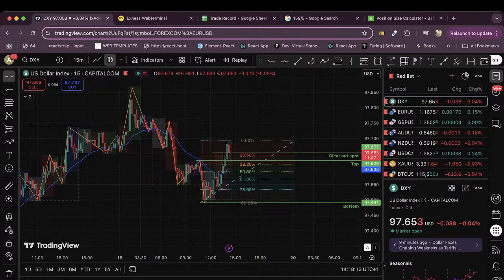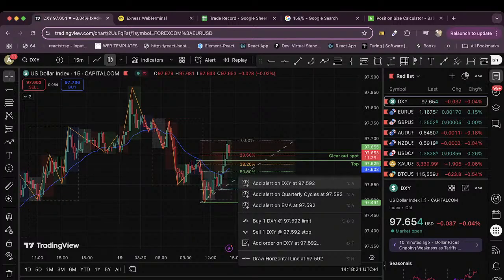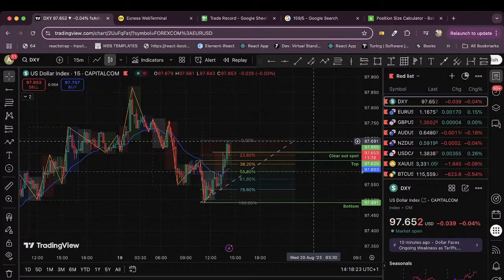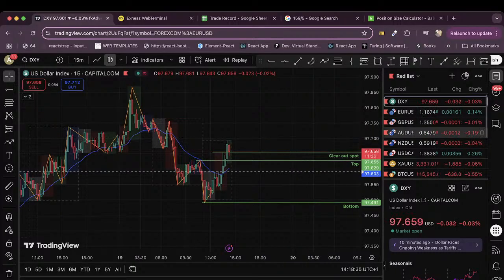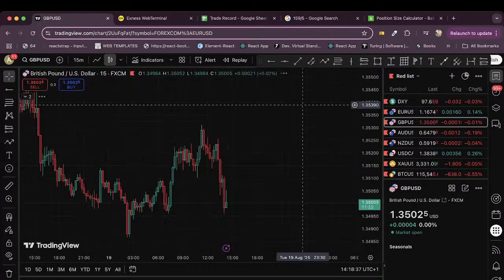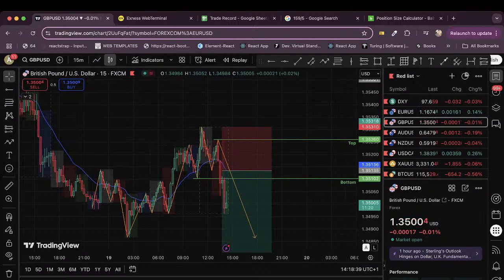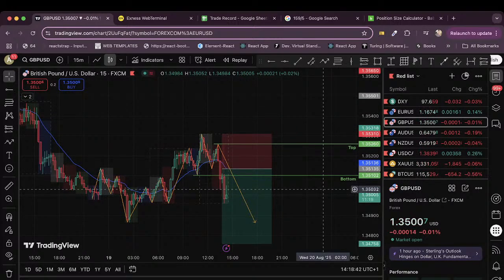So we can put an alert here. If market starts to come towards that 50% zone, we want the market to notify us, telling us that DXY is in a good place for a buy, which means we can now go and look for an opportunity to sell either British pound, most likely, because British pound is the only one that is closest to what we expect from price.